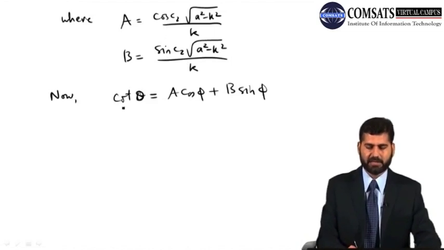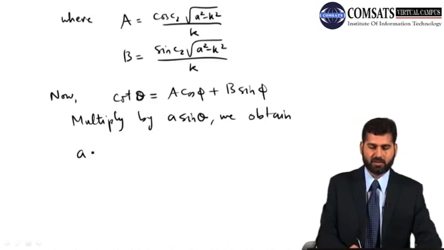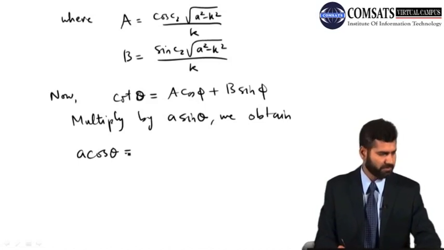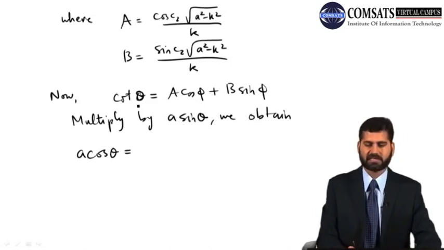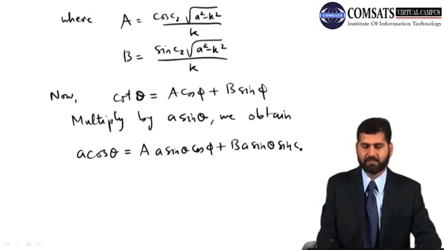If I multiply this whole thing by a sine theta, we obtain a cosine theta is equal to, because sine theta is cancelled, so a cosine theta is equal to, this will become a sine theta cos phi plus b times a sine theta sine phi.